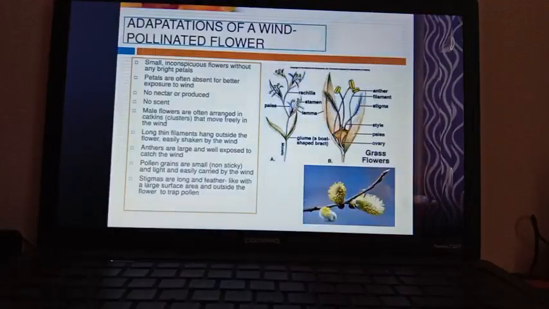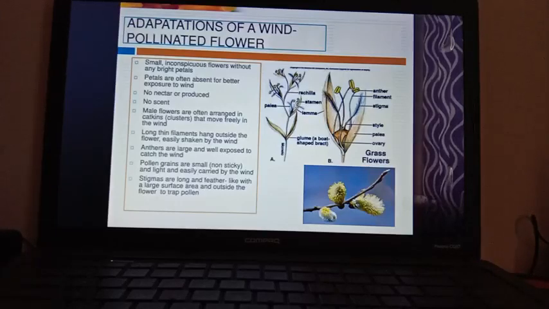Next are the characteristics of wind pollinated flowers. As this is pollination driven by non-living agents, the flowers shouldn't be showy.